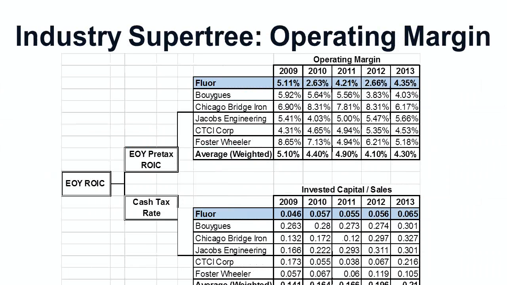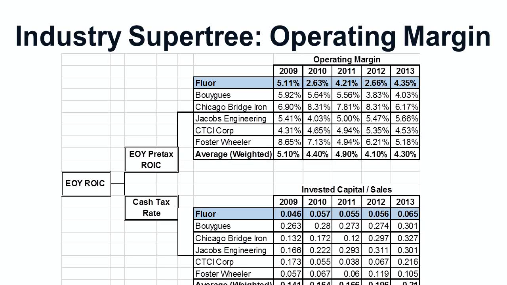This can be shown through operating margin. From 2009 to 2013, Fluor and the industry's operating margins both decreased, starting at 5.1% each and falling to 4.4% and 4.3% respectively. Because these yearly increases and decreases in operating margin were reflected by the pre-tax ROIC for both Fluor and the industry, we found that operating margin was the main driver of our pre-tax ROIC.